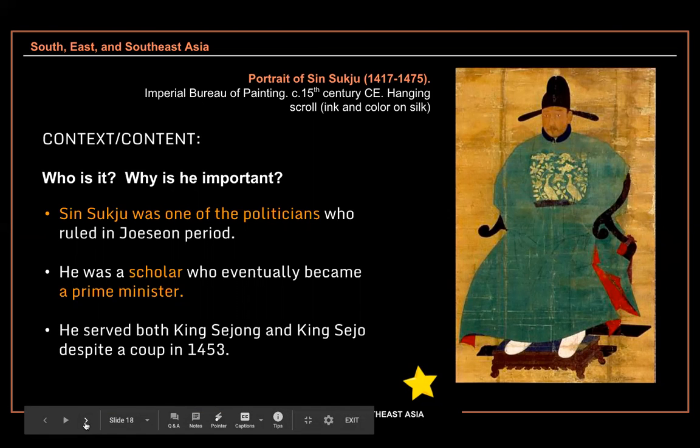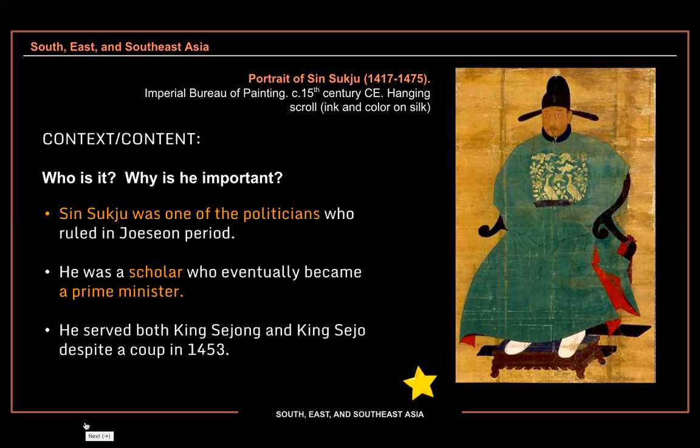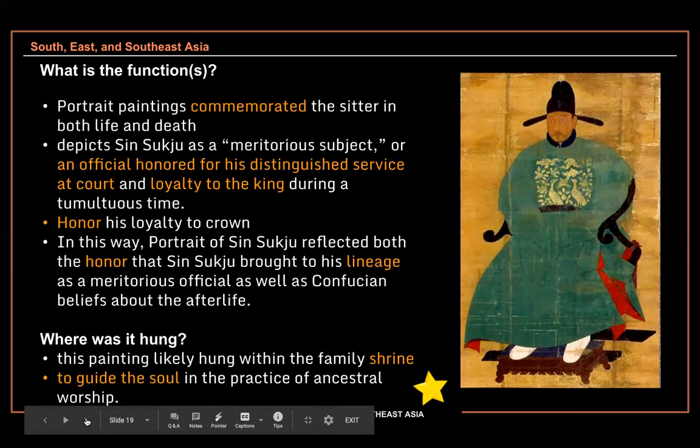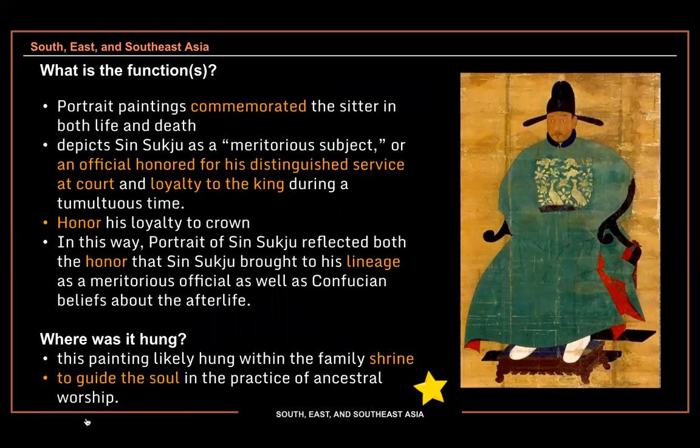So even though it says prime minister, that isn't necessarily what we think of as somebody in charge, like in other countries. He was still just a typical politician. The kings were in more control. The function of this painting was to commemorate his achievements, and it would have been used in his life and in his death.